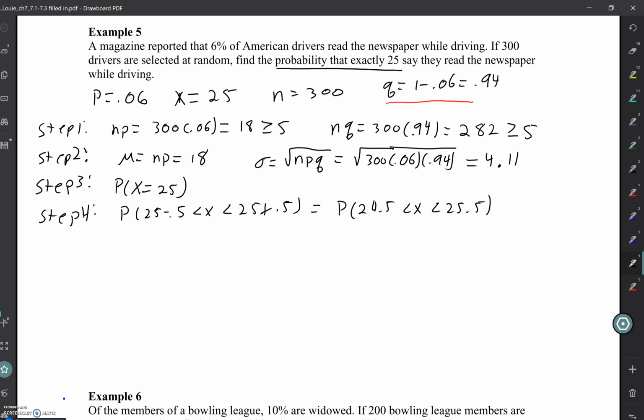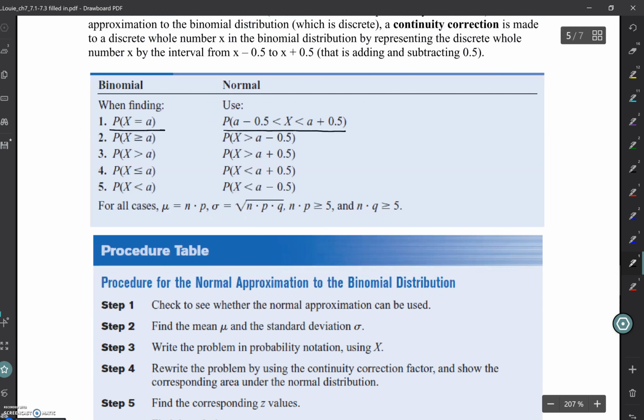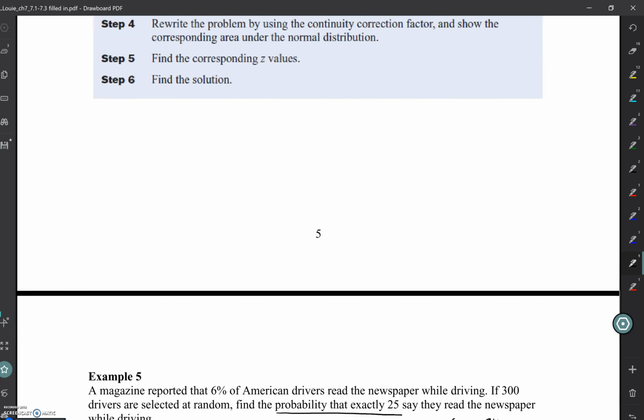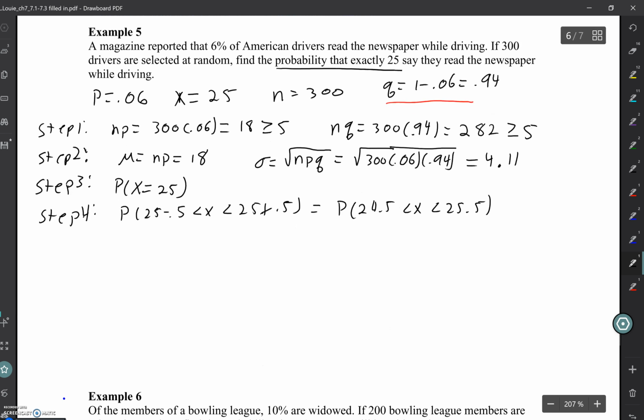And this 18 is greater than or equal to 5 from step 1, because we're doing this check to see whether we can actually use the normal distribution. And in step 4, 25 minus 0.5 is 24.5.